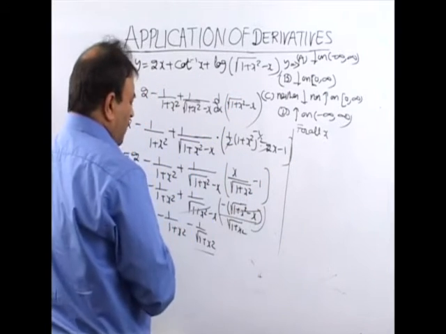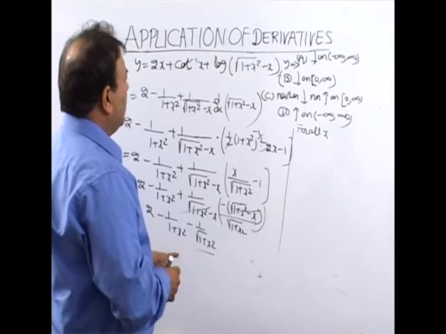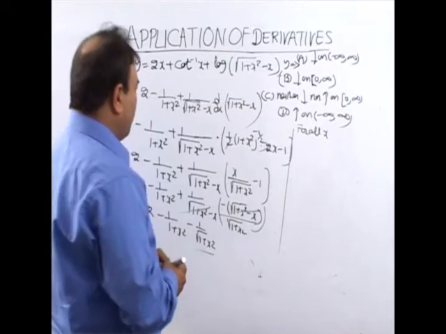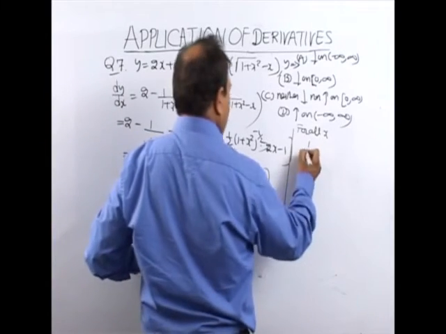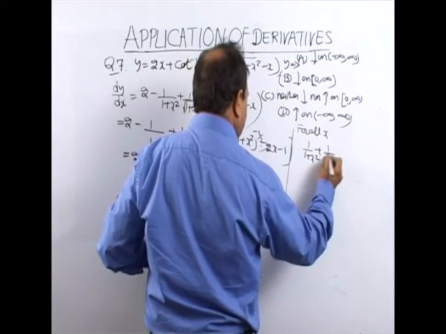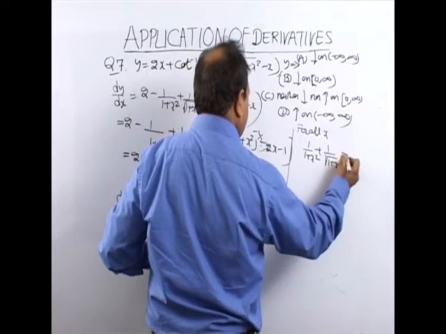See, what value can we put here for x? It is given for all x. 1 upon 1 plus x square plus square root of 1 plus x square is always positive.